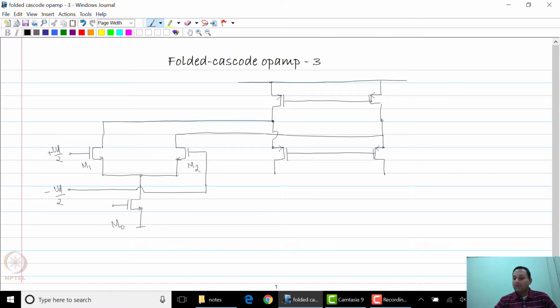This is the common gate PMOS structure, and this is the output. Remember, now you need to get a single-ended output, and you need to get a current source at the bottom, and therefore this portion of the circuit will actually have a current mirror. In this particular case, this will be an NMOS current mirror structure.